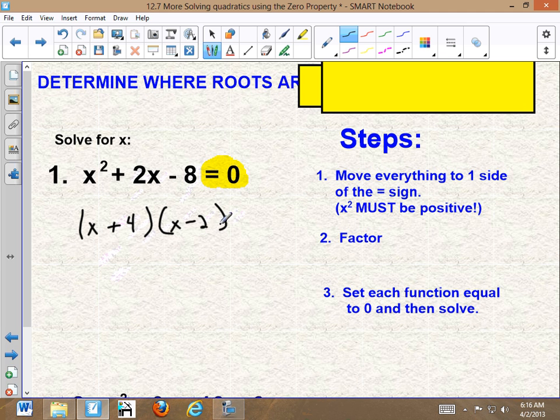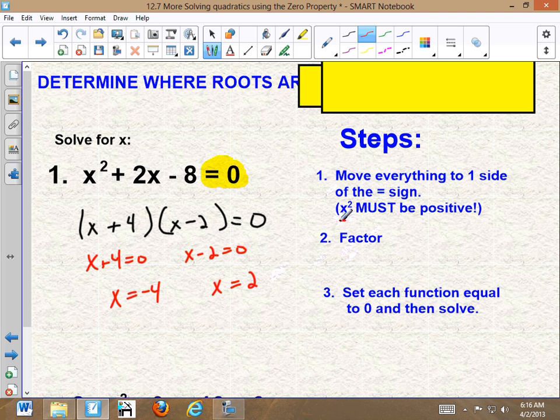So, am I done? No, because this equals 0. So that means I now have to go x plus 4 equals 0, x minus 2 equals 0. So x equals negative 4, and x equals positive 2. Now I'm done.